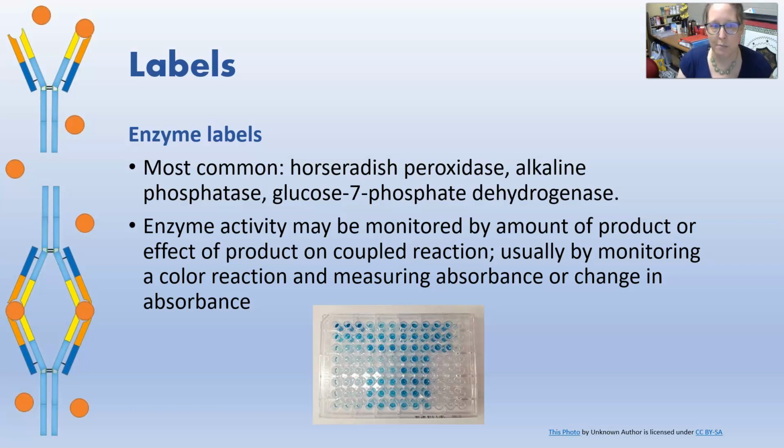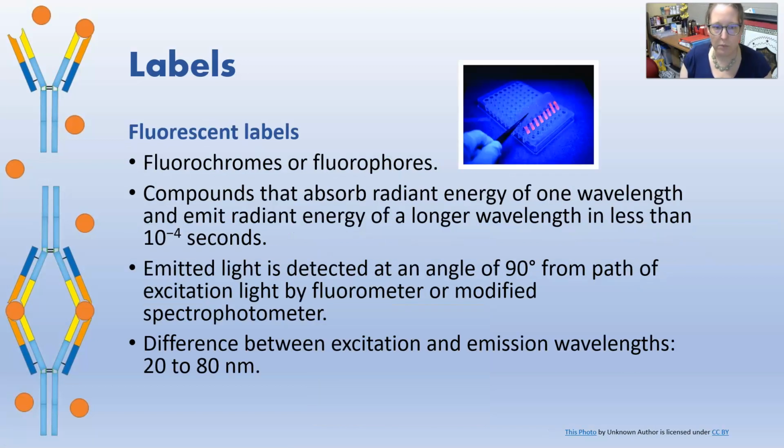Usually this is done by monitoring a color reaction and measuring absorbance or change in absorbance. So this is a pretty typical ELISA plate where there is an enzymatic color reaction that takes place. The darker the color, the more concentrated the sample was.